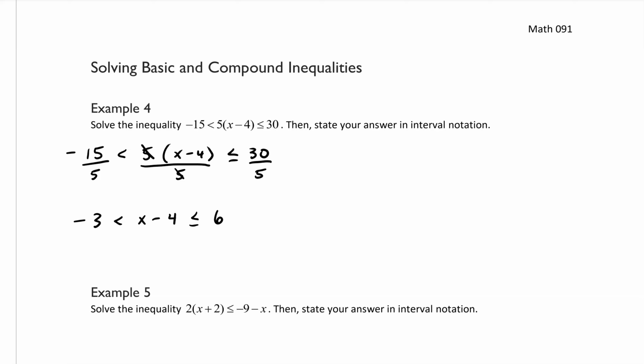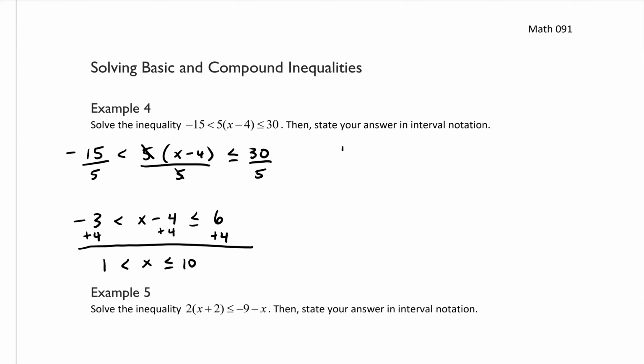Now we almost have our variable by itself, but we want to add 4 to all parts of our compound inequality. Negative 3 plus 4 is 1. In the middle, we're just left with x, and then less than or equal to 6 plus 4 is 10.